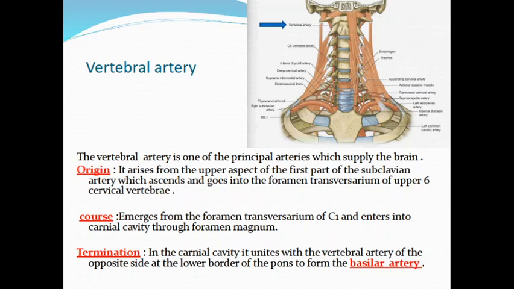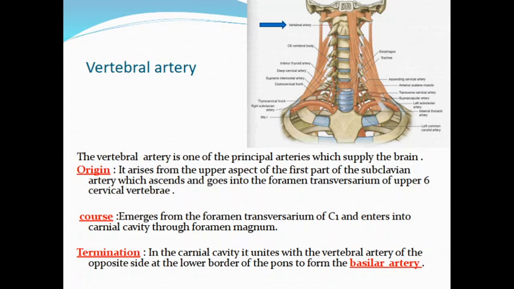Now first of all we'll see vertebral artery. The vertebral artery is one of the principal arteries which supplies the brain. In the diagram you can see origin, it arises from the upper aspect of the first part of the subclavian artery which ascends and goes into the foramen transversarium of upper 6 cervical vertebrae.